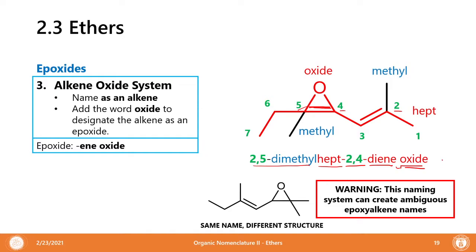To illustrate, we have here a structure that has the same name as the example we've shown above. However, the epoxide is on the other alkene in this instance. So as you can see, it becomes confusing. So this is for the alkene oxide system.